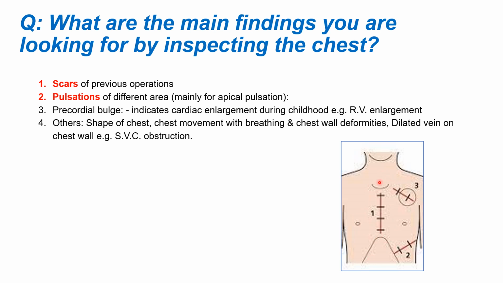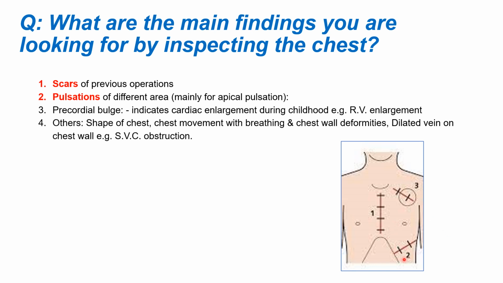When we find it, this means the patient mostly underwent cardiac surgery, open heart surgery, whether for valve replacement or maybe for coronary artery bypass. Of course, sometimes sternotomy is done for other things, but for cardiac patients, usually it is valve replacement.